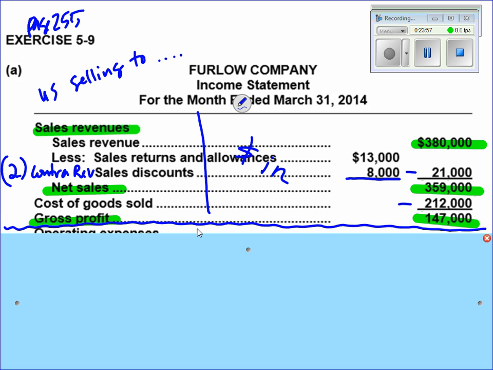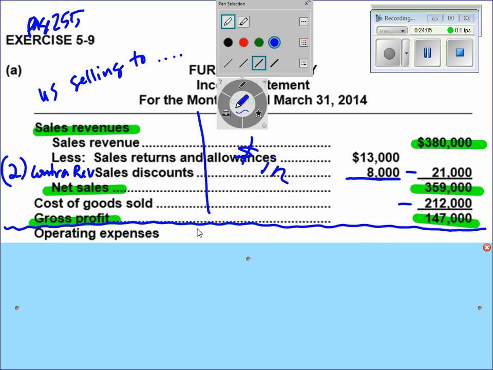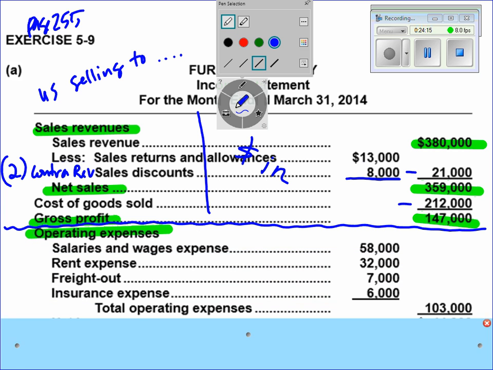Our next heading would be operating expenses. I'm not trying to make this an art project, but that's another thing you could highlight. Here is where you will put a listing of all of the expenses.